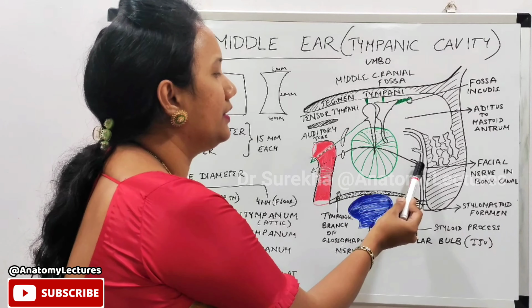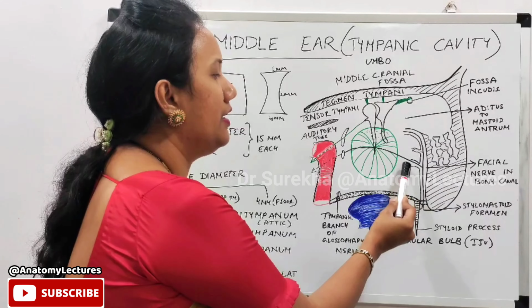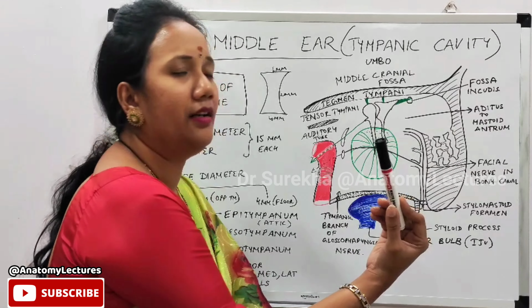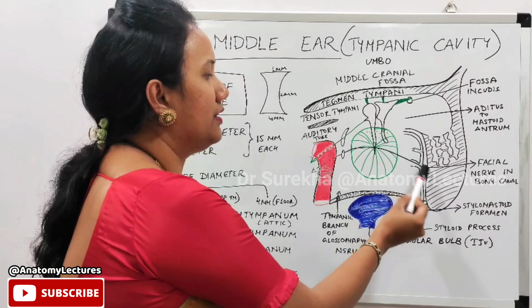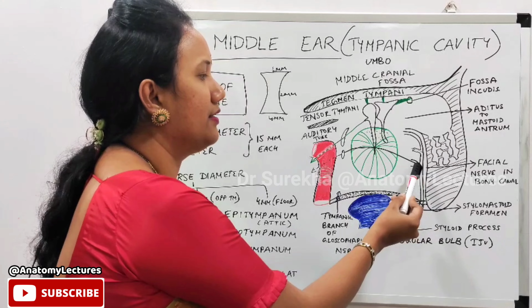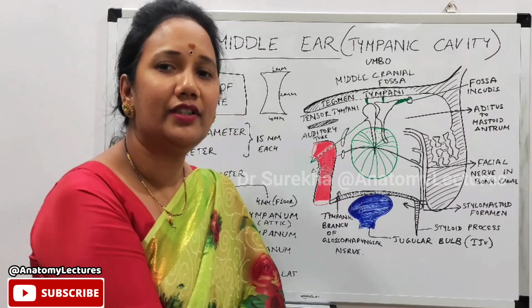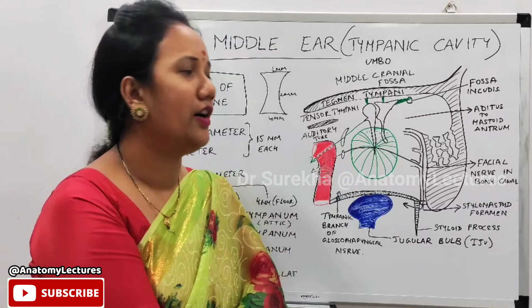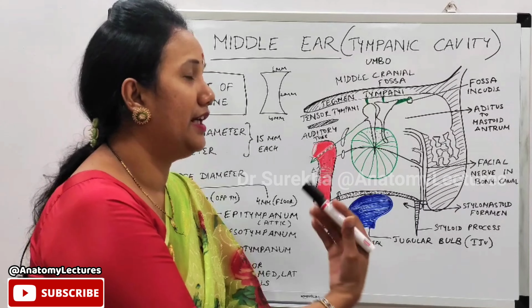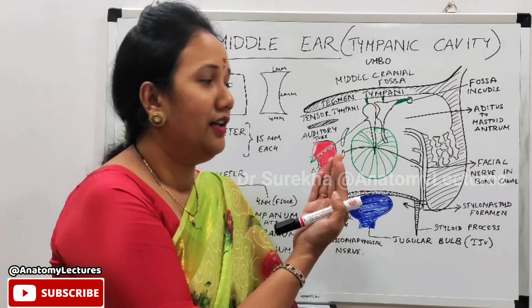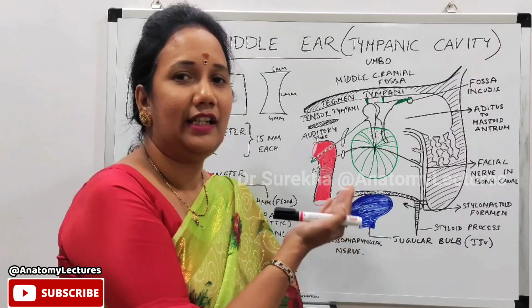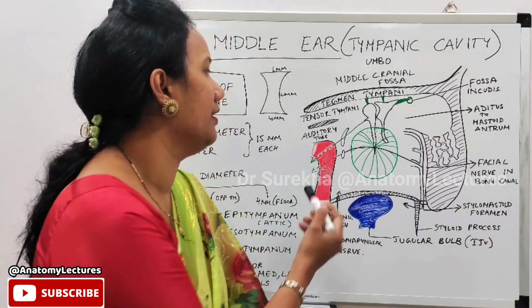Posterior to this tympanic membrane, you have one more canaliculus through which the chorda tympani nerve passes. This is referred to as the posterior canaliculus of the chorda tympani nerve. So the lateral wall is also related to one important nerve, that is the chorda tympani nerve.